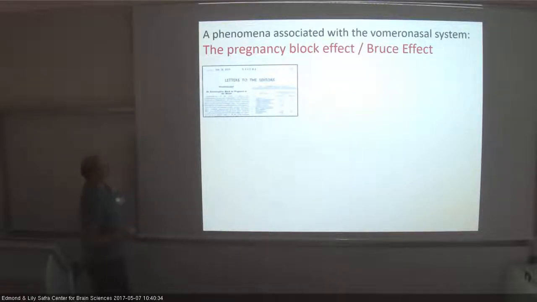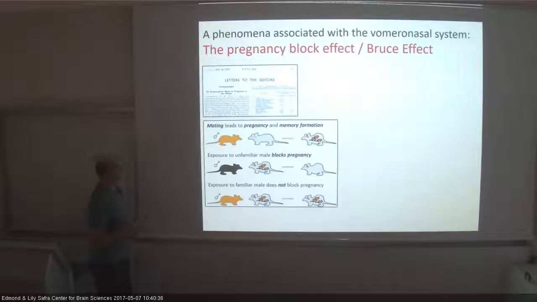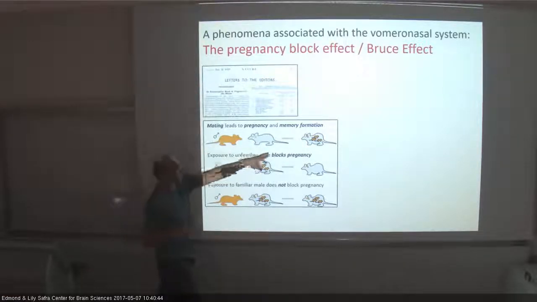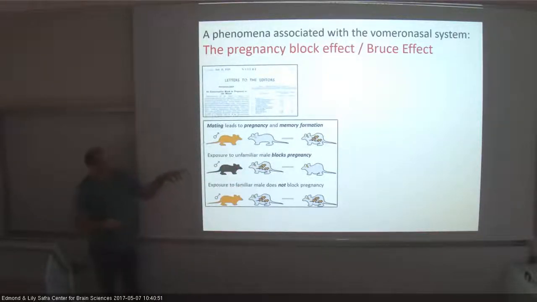The Bruce effect is a phenomenon in which a pregnant female mouse, when she's exposed to a strange male, so the father in this case is shown in brown, so there's a brown litter here, and then she meets a strange male shown here in black, with very high probability this will terminate the pregnancy. This is called the Bruce effect or the pregnancy block effect.